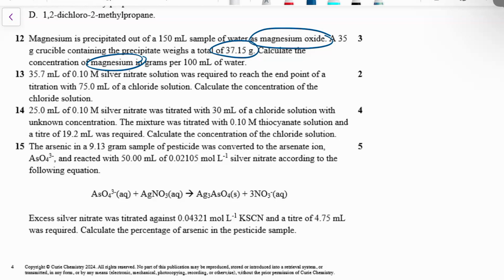Now, the reason sometimes we use chemical equations instead of formulas is that elements show up in a bunch of different places.